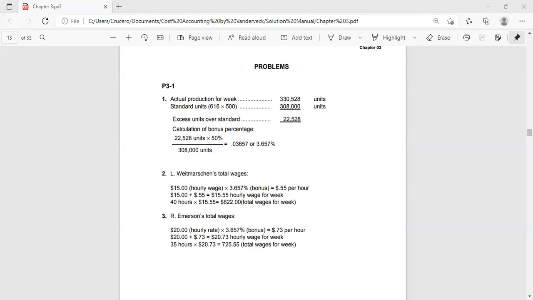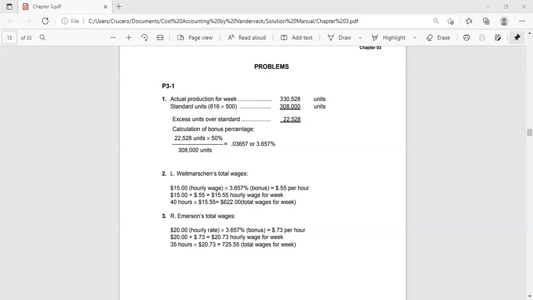Hourly wage rate plus hourly bonus rate equals new hourly rate for the week, and the total hours worked times new hourly rate equals earnings for the week. The production record for the week shows.